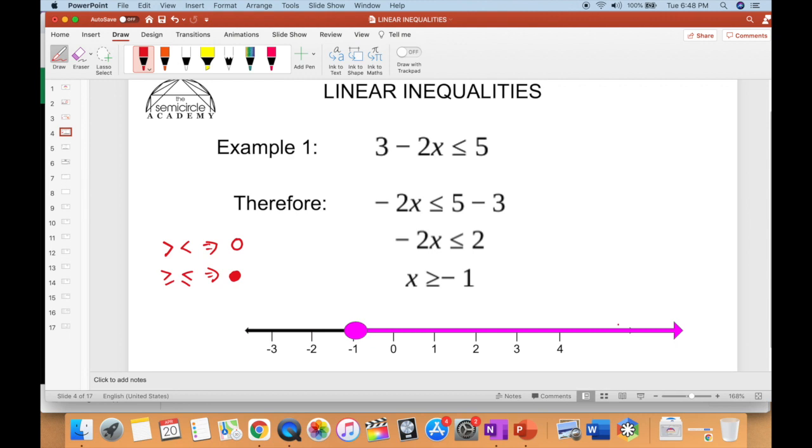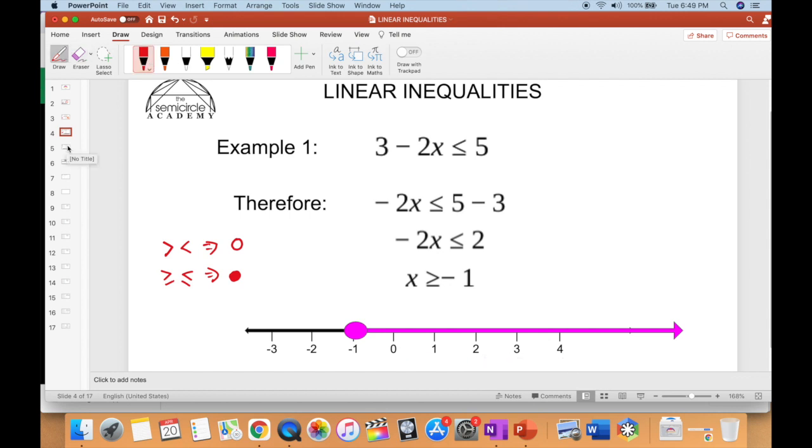So on my number line, a shaded -1, and my arrow is going in the direction of greater than, right? Being that all of these numbers are greater than -1, and so all of these numbers can be x, right? X is not just one number. X is a whole range of numbers now.